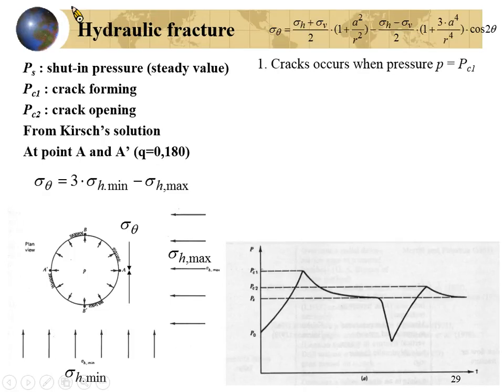When the pressure equals PC1, the pressure is equal to the sigma theta plus the tensile strength of rocks. Correct? So the pressure minus the tangential stress will equal the tensile stress. Or PC1 equals the sigma theta plus the tensile stress.